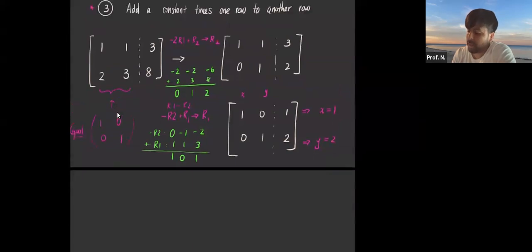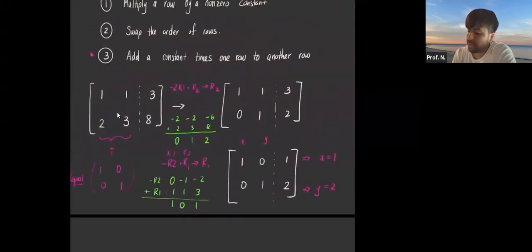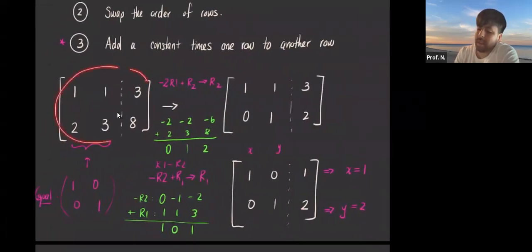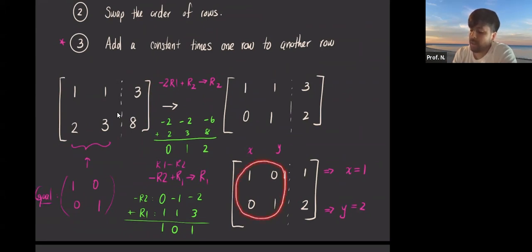Essentially what we did was we took the matrix and we performed elementary row operations to the matrix in such a way that the columns that don't include the augmented part have to become a matrix that has 1s on the diagonal.